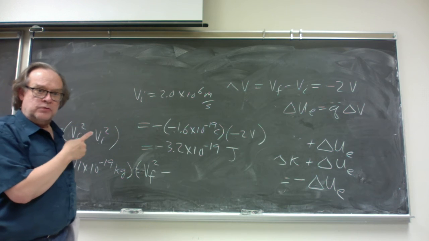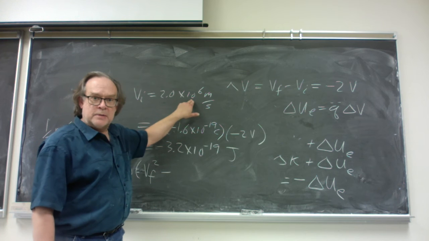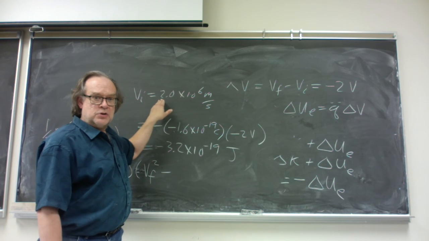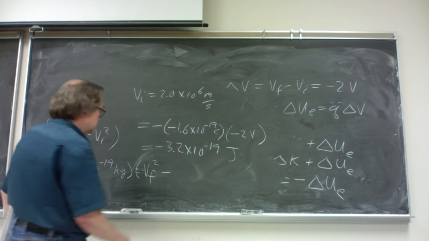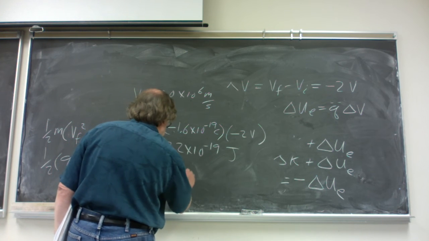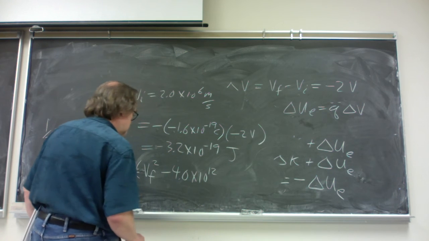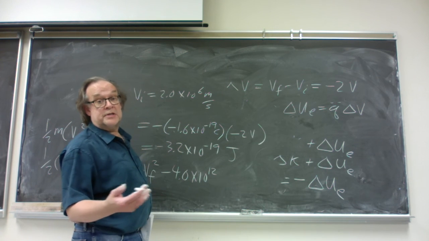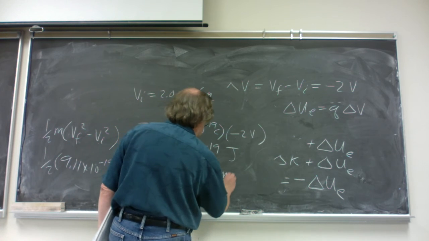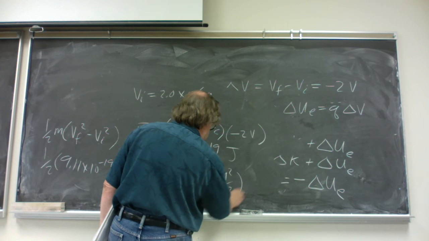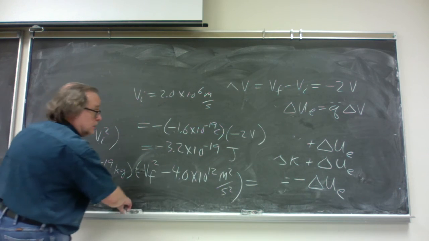So the initial squared is just that squared times that squared, which gives us 4 times 10 to the 12th. It's a squared velocity, so it's really meters squared per second squared. And all that is equal to this, minus 3.2 times 10 to the minus 19.